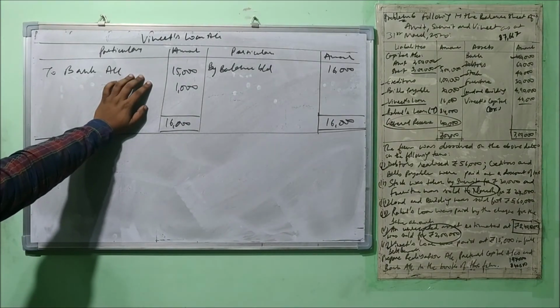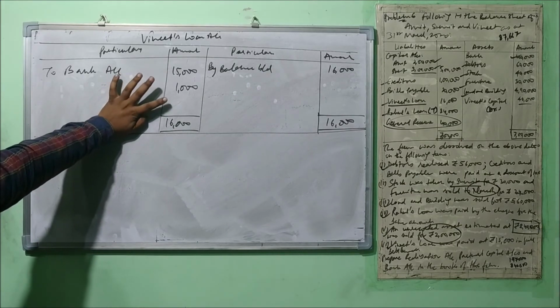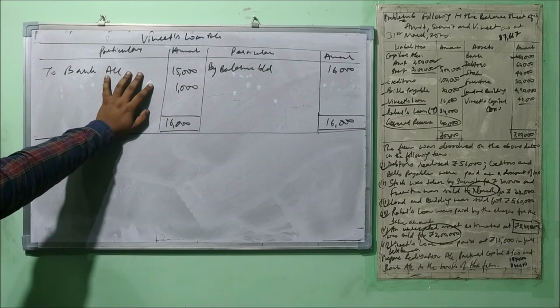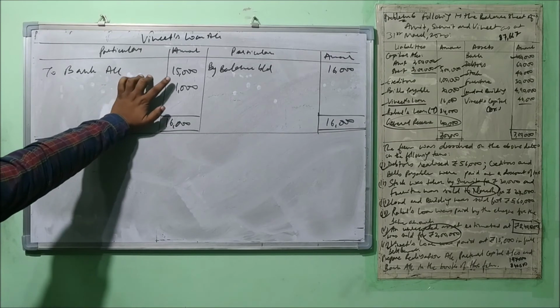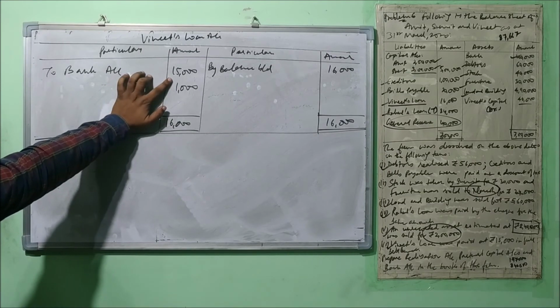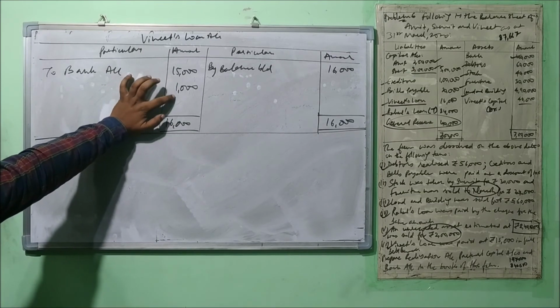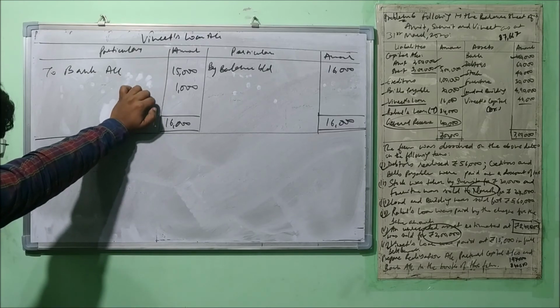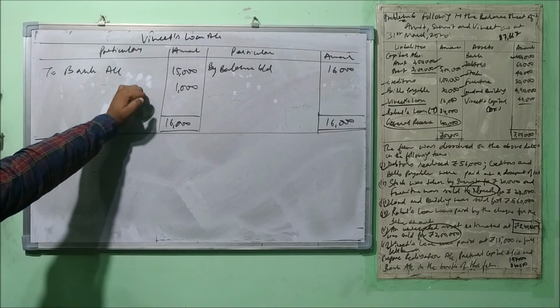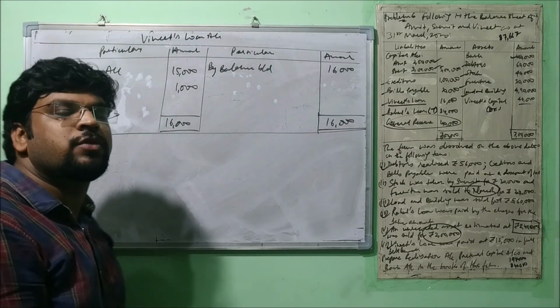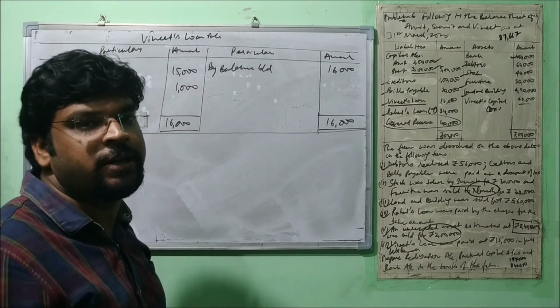Now, if we had not transferred it to the realization account, then what about this 1,000? Where would it have gone? Or if we had transferred Vinny's loan account directly at 15,000 to his capital account, then also this 1,000 would have been left. So that is why we transfer it to the realization account, and from there we make the payment.